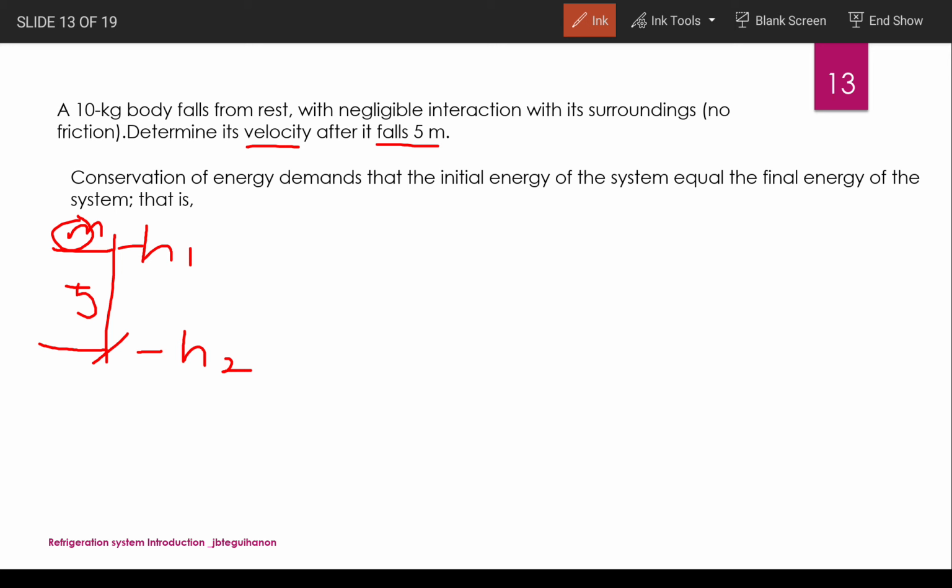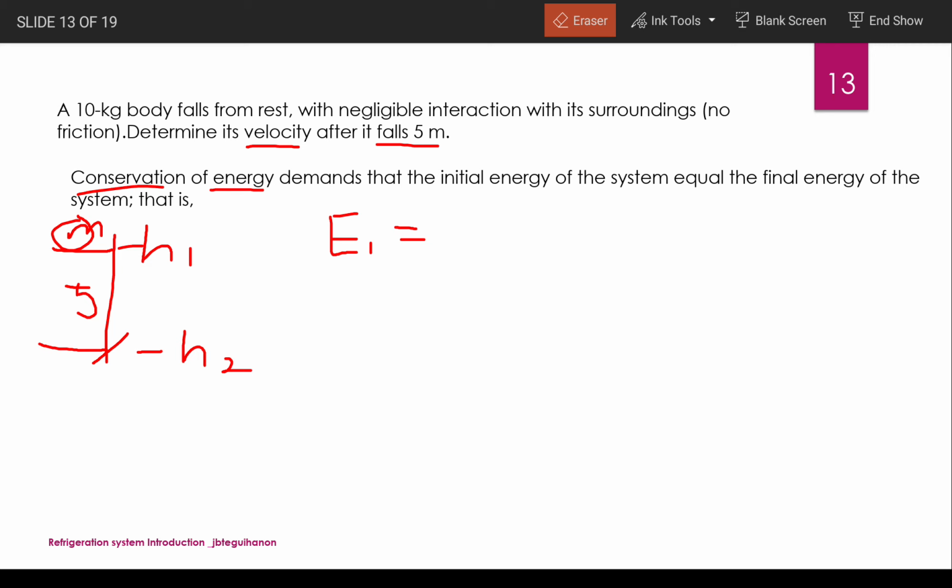So what he's saying here basically is that energy 1 is equal to energy 2. To analyze this, you got to use this conservation of energy principle. Otherwise, you have no basis to analyze, right?